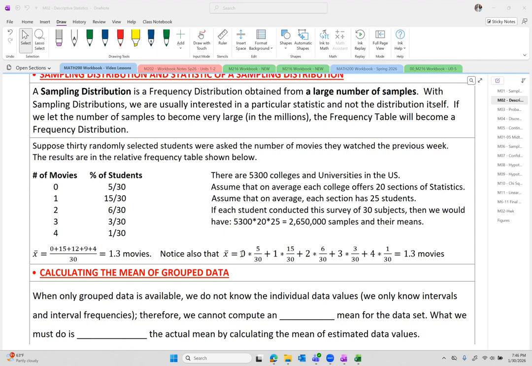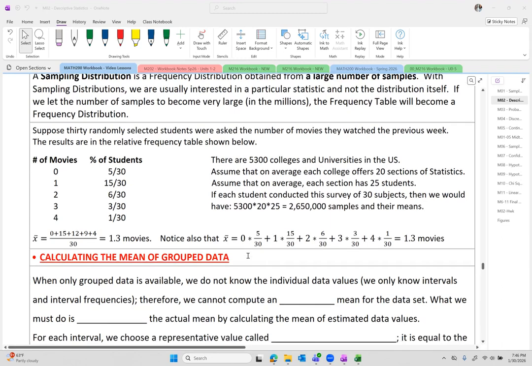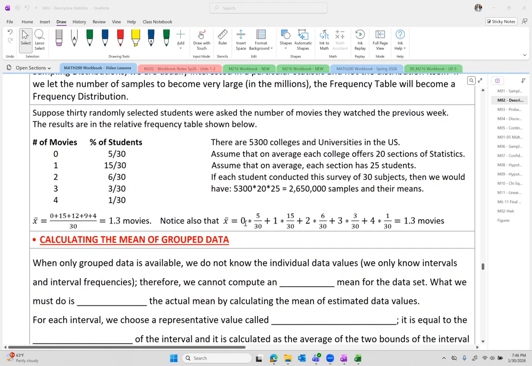That was 1.3 movies, but also notice that if I had done the math separately, 0 times 5 divided by 30, and 1 times 15 divided by 30, and 2 times 6 divided by 30, and 3 times 3 divided by 30, and 4 times 1 divided by 30, I would have found the same mean.